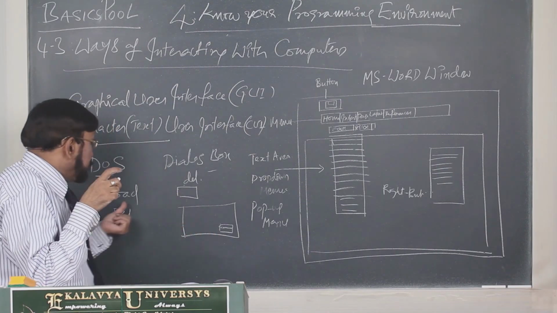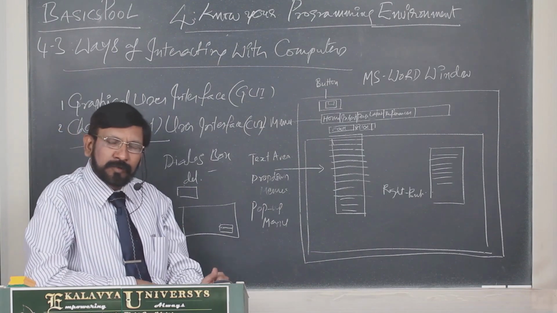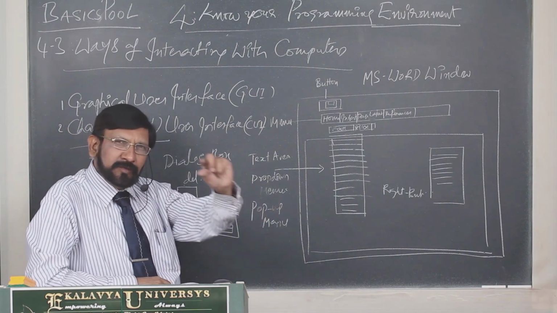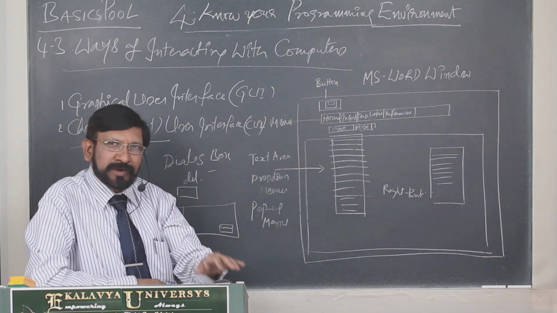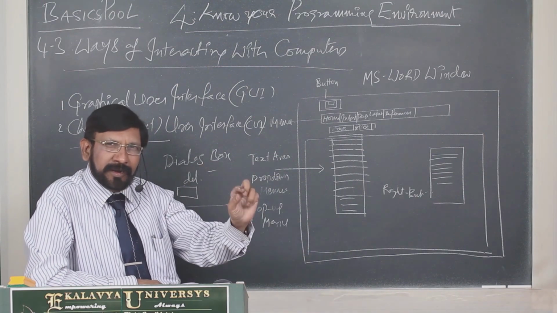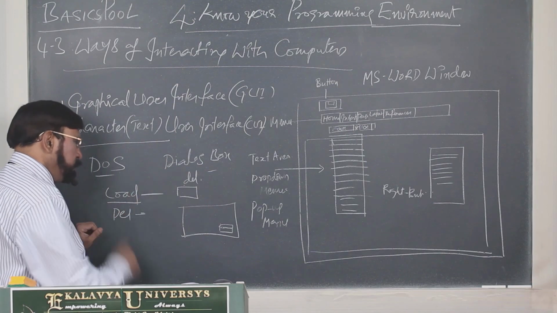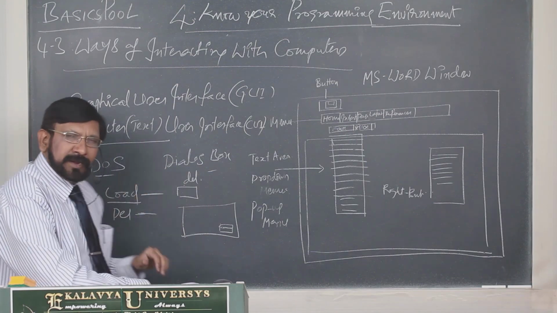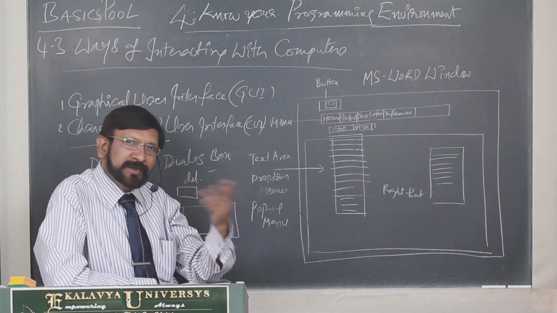Suppose if you want to load a specific file, then you type the particular file name, and that file is loaded by the operating system. Suppose if you want to delete any file, you type del and the file name, and then the particular file is deleted.